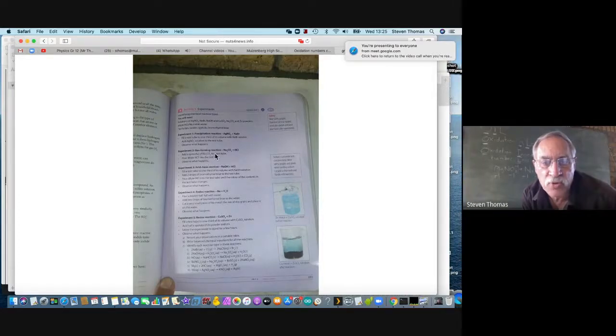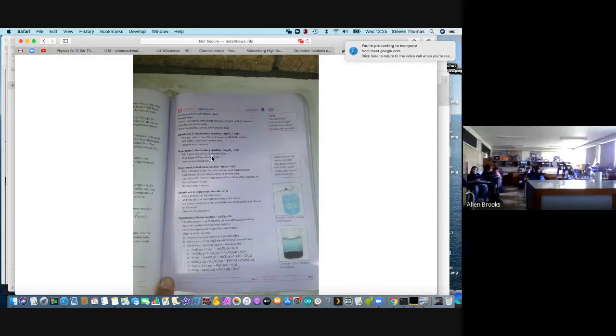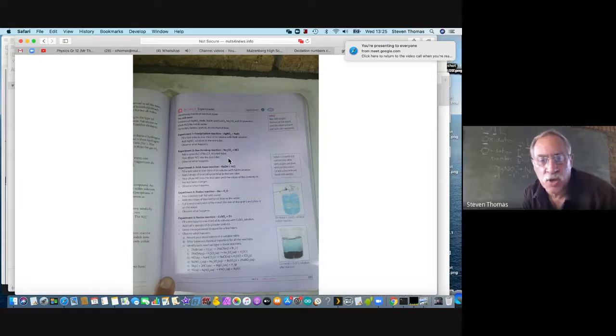Observe what happens. What does an acid plus a carbonate form? Three things. We learned this back in the 70s very well. Do you guys in the 2020s know what happens when you add an acid to a carbonate? Write that reaction down: HCl plus sodium carbonate.